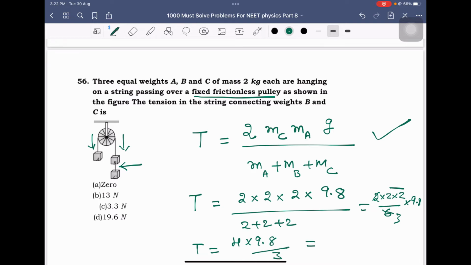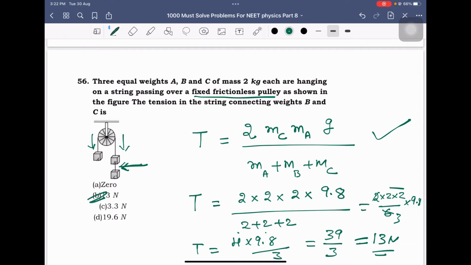Now 4 into 10 is 40, so 4 into 9.8 is about 39. 39 by 3 is equal to 13 Newton. So the tension in this portion of the string is 13 Newton.